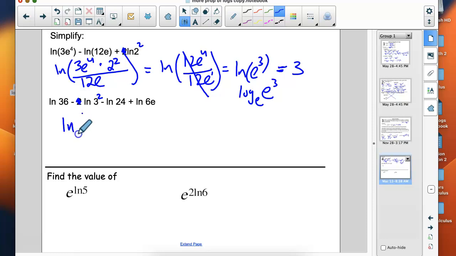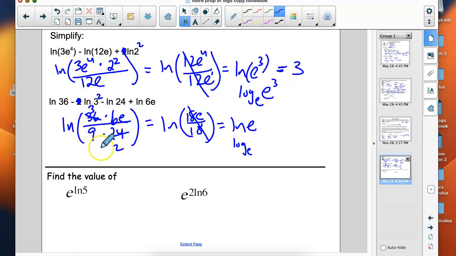And then I'm going to take all these terms and put them together. 36 on top, 3 squared on the bottom, 24 on the bottom, 6e on the top. And I did some really quick division here because I ran out of time, but 36 and 24 are both divisible by 12. So this becomes 18e over 18, which turns into ln of e, which is what power of e gives you e, so the answer here is 1.